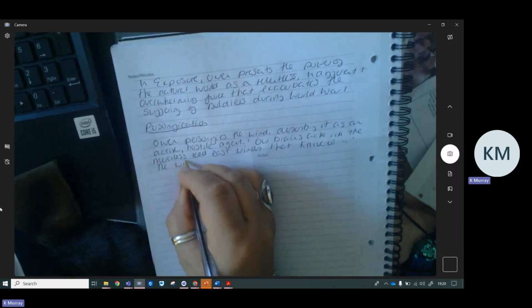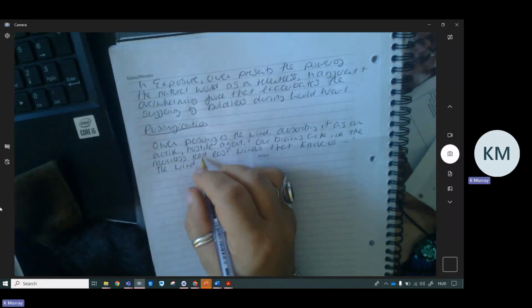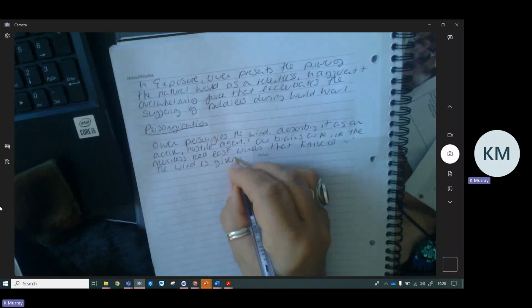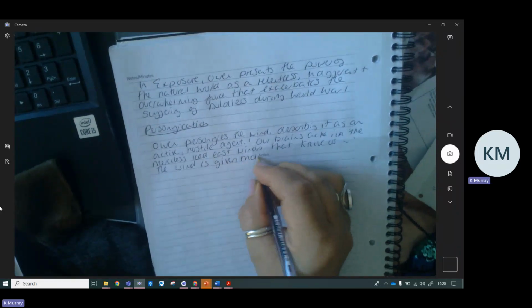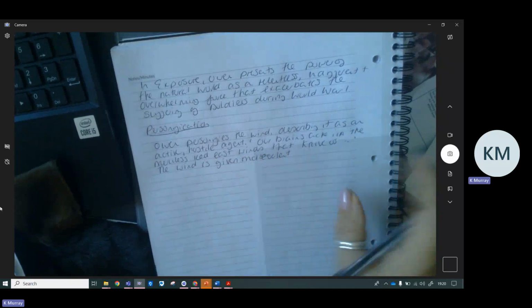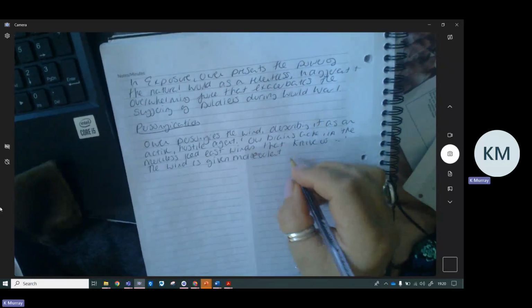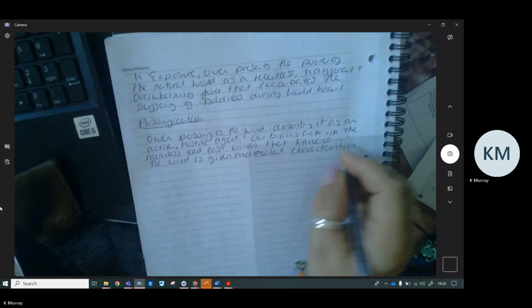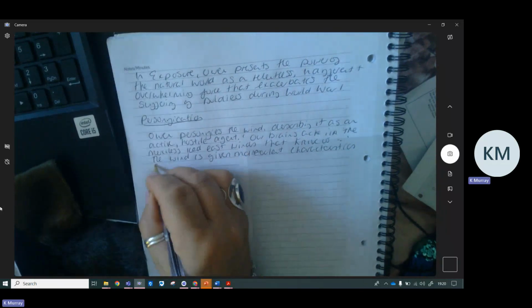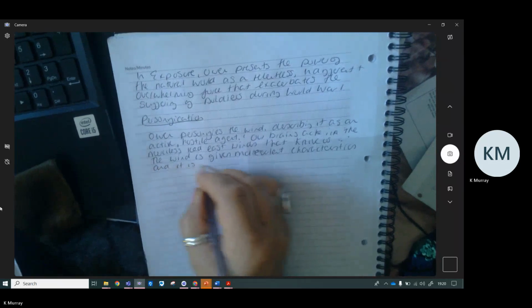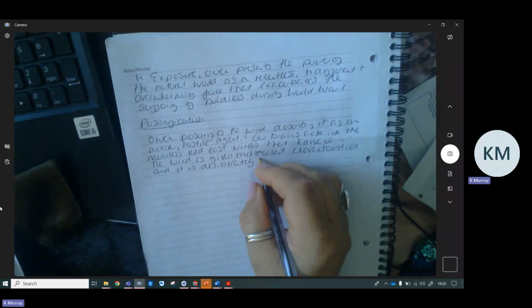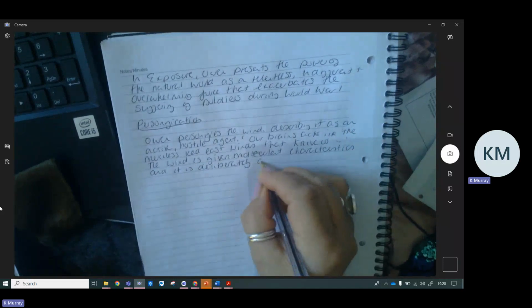The wind is given a malevolent, lovely word, malevolent, evil characteristics, and it is deliberately, that's the effect of the personification, isn't it?